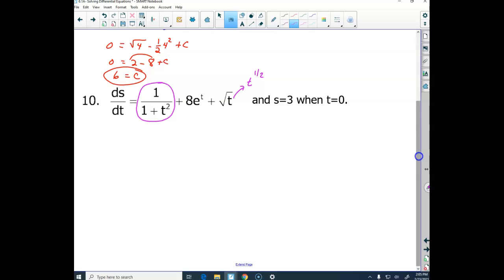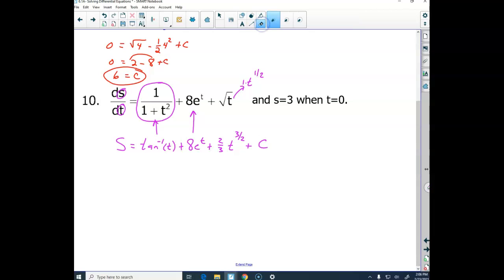So my independent variable is t, my dependent variable is s, so when I anti-differentiate that, I'm going to get s equals the inverse tangent of t plus 8e to the t, and if I take the derivative of that, I go there, plus this is going to be t to the 3/2. If I add 1 to that, I need a 1 in front times a 1, so that's going to be a 2/3 here. So I better add my c.